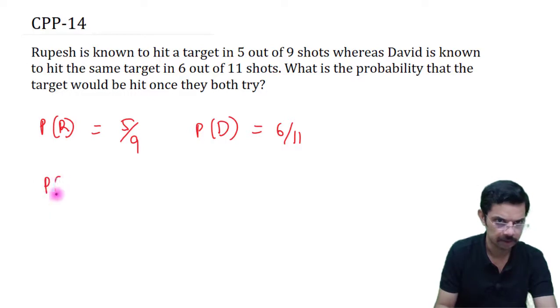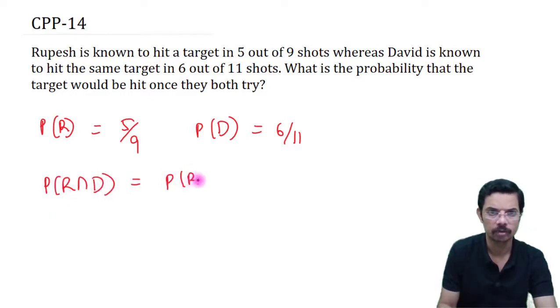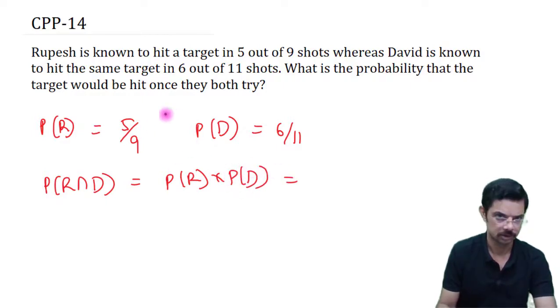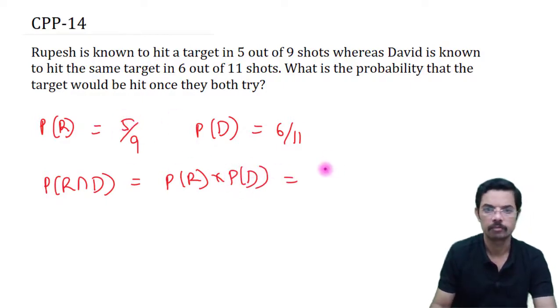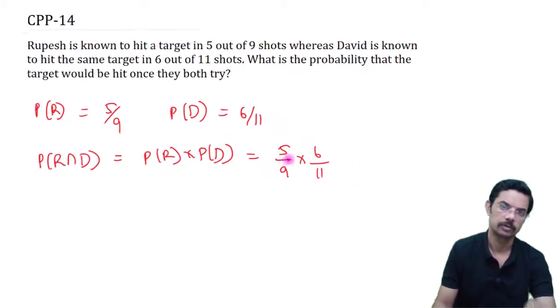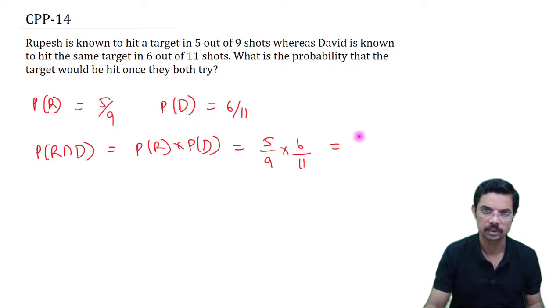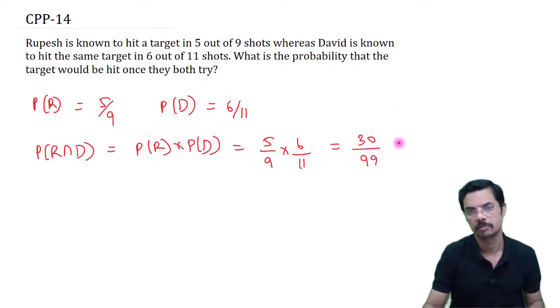So we know that probability of R intersection D will be equal to probability of R into probability of D. So this is equal to 5 by 9 into 6 by 11. This can be further simplified. 6 5s are 30 and 11 9s are 99. This can be divided by 3.